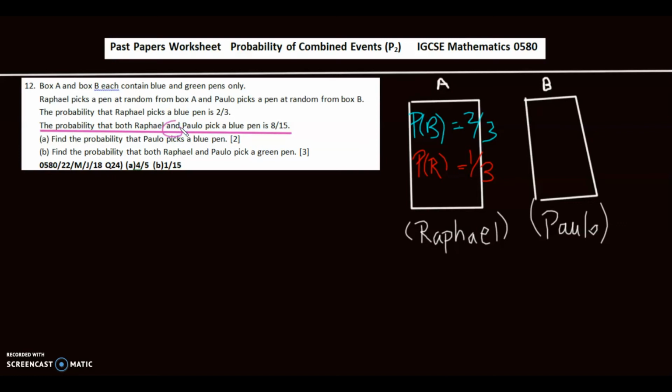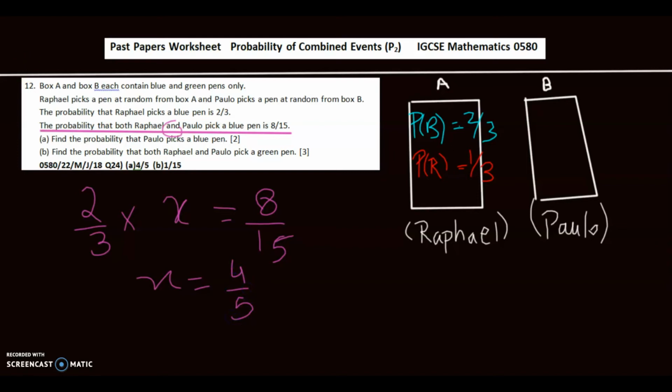What's the probability of Raphael getting a blue pen? That is 2 upon 3. What's the probability of Polo getting a blue pen? That's x. And the answer is equal to 8 upon 15. So x will be equal to 8 upon 15 times 3 upon 2, which gives 4 upon 5.